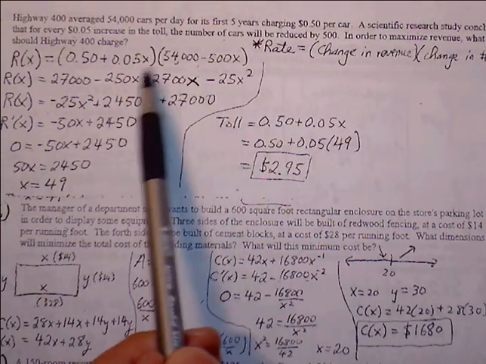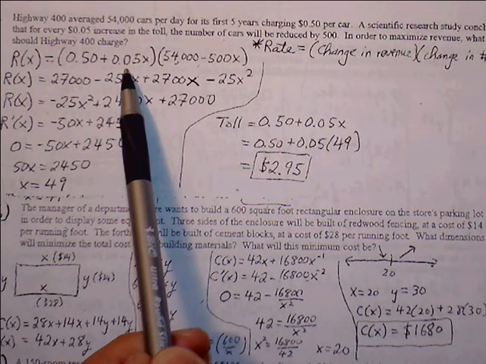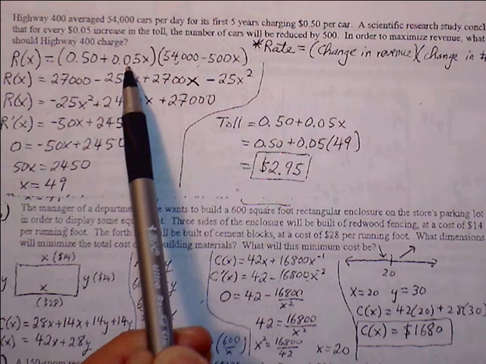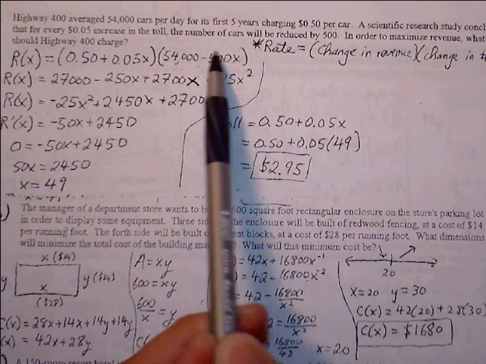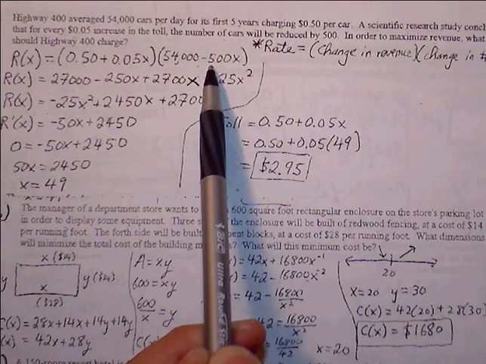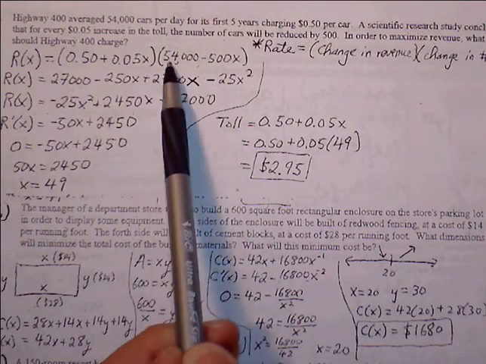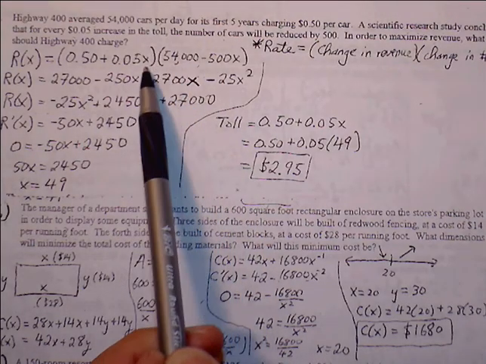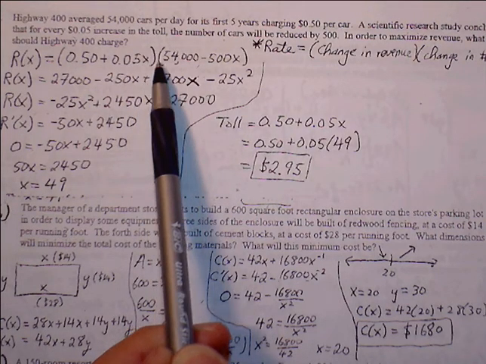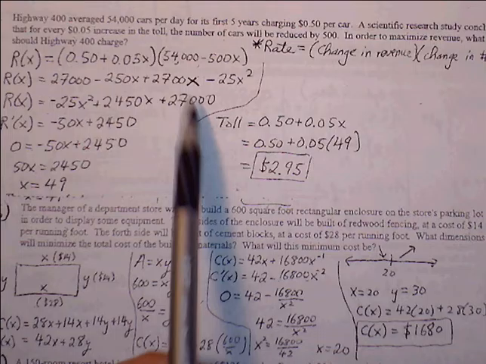There comes to be a point where it just doesn't make sense to keep increasing charges if you're losing this many cars going through. So where is that balancing point? What's the optimal amount of toll increases so that we can maximize revenue?